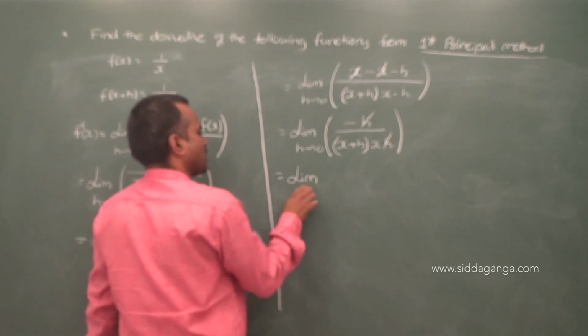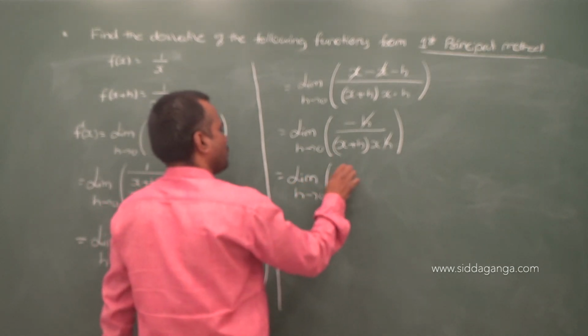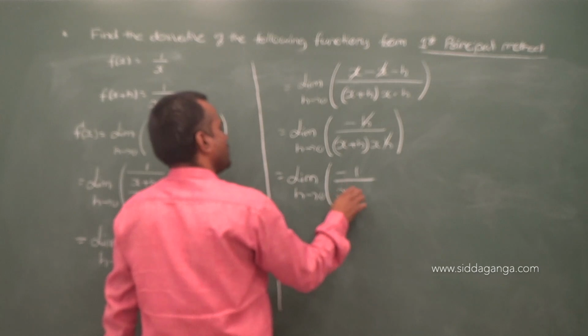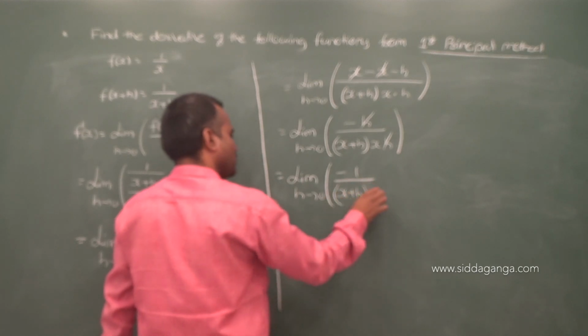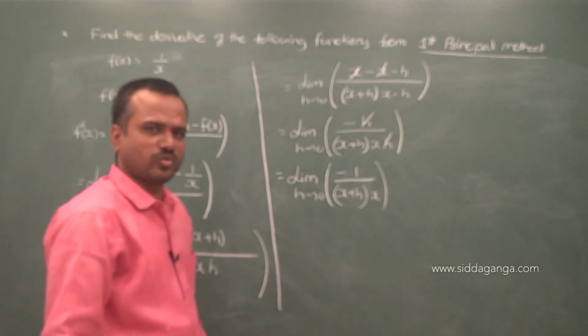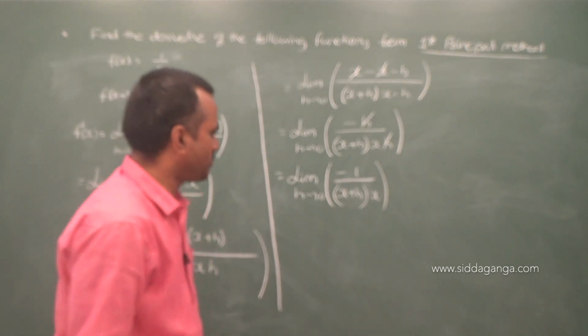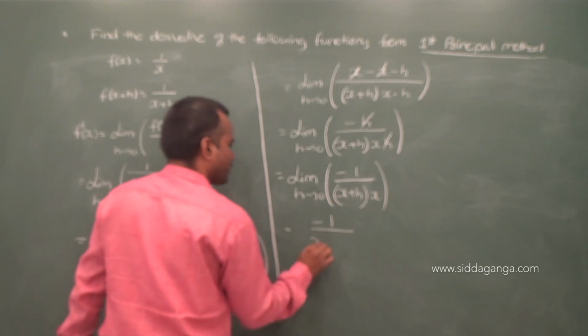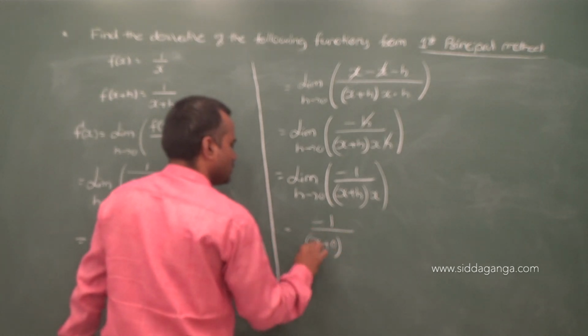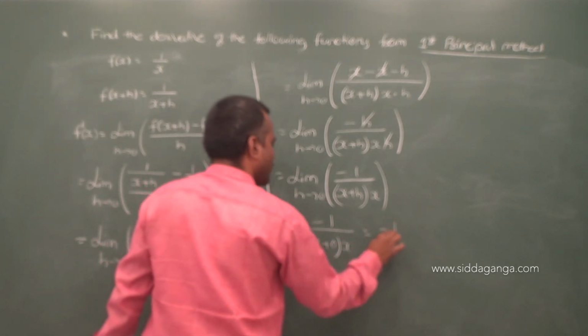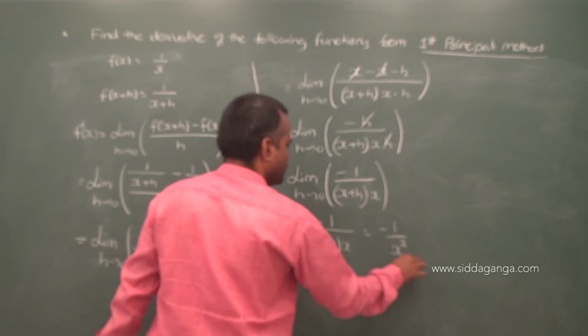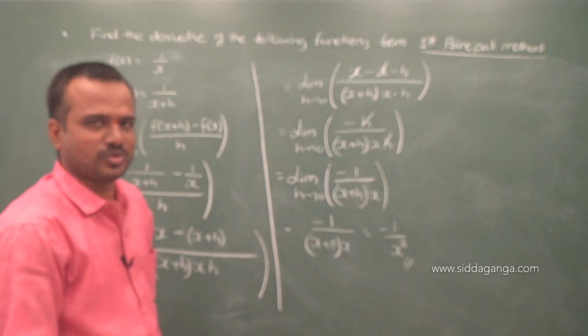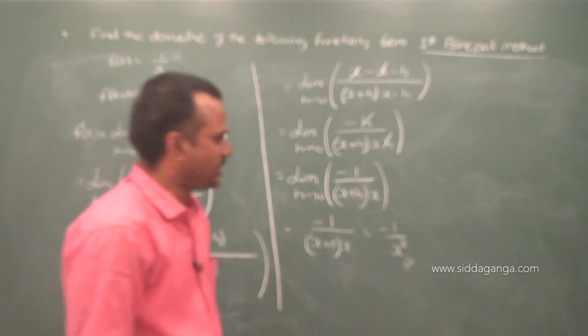Limit h tends to 0, minus 1 divided by (x plus h) into x. So wherever h, you substitute 0: minus 1 divided by (x plus 0) into x, that is minus 1 divided by x square.